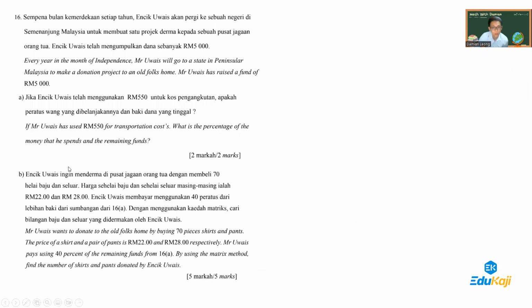Then 16A. If Mr. Wise has 550 ringgit for transportation costs, what's the percentage of money that he spends and the remaining funds? So he has raised fund of 5,000 ringgit.